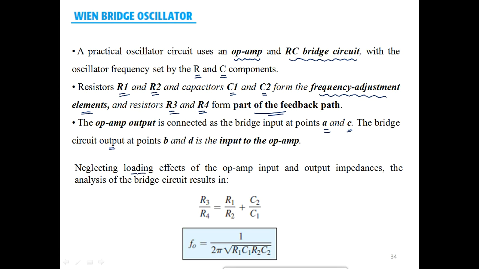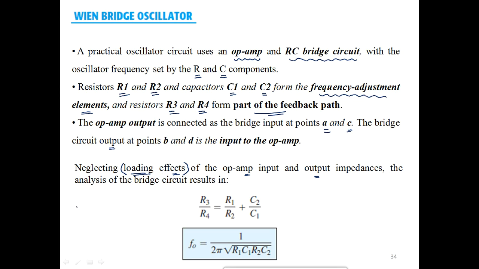Now, neglecting the loading effects of the op-amp input and output impedances, we analyze the bridge circuit. Loading effects always reduce the gain. Why do these loading effects add up?